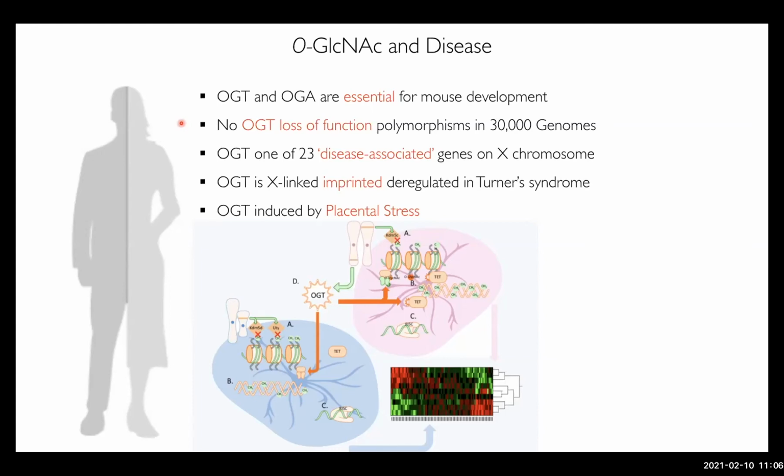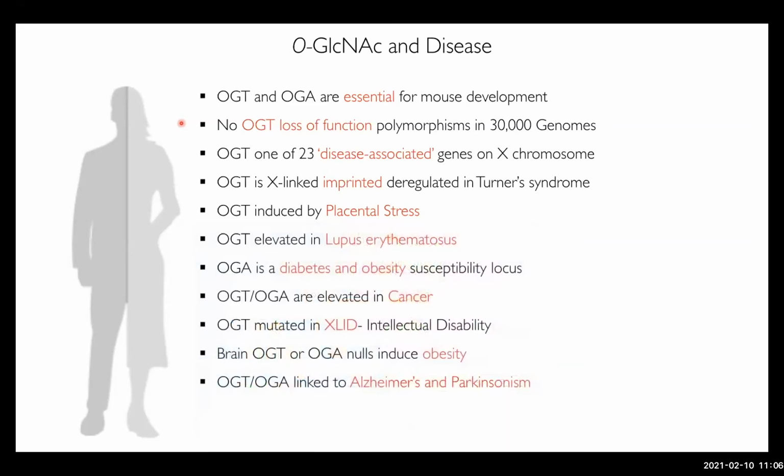Work in our lab and that of Tracy Fehl has shown that OGT expression is different in male and female fetuses. And this is due to changes in the placenta. So the placenta in which a male baby resides is actually quite different transcriptionally and is subject to placental stress. And hopefully we'll be able to talk a little more about that later.